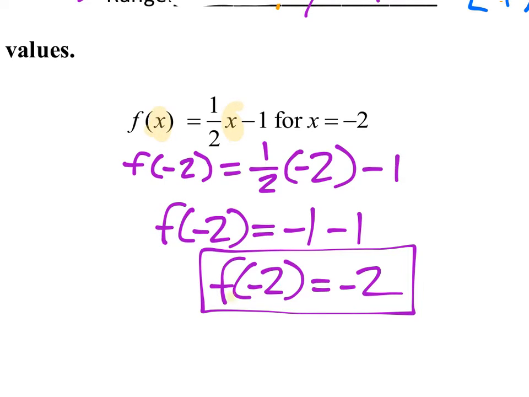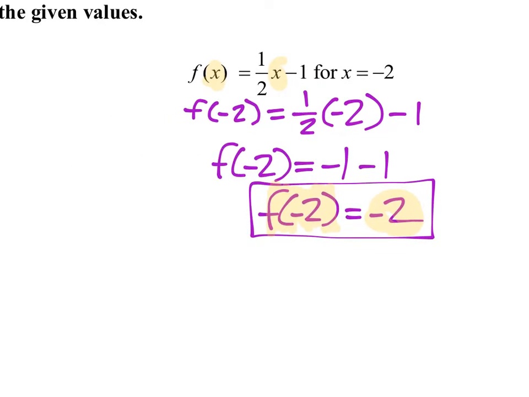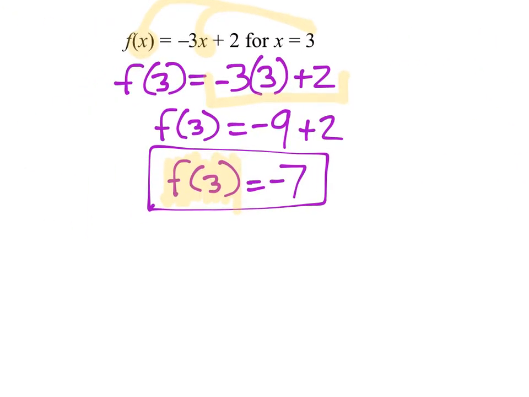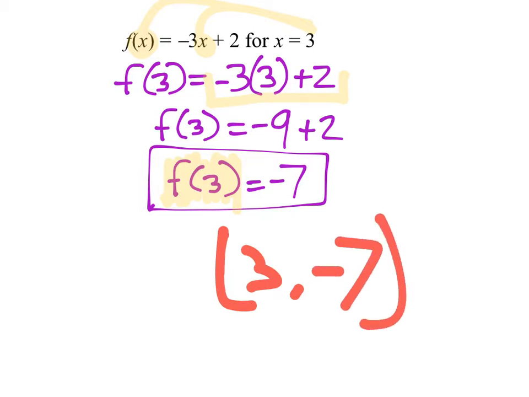So f of -2, that's kind of given in our instructions. It tells us what we plugged in. This tells us what our answer was. They both just happen to be -2 in this case. What's nice about this is that it also tells us that a coordinate point for this would be 3, comma, -7. And that's what function notation is nice for.